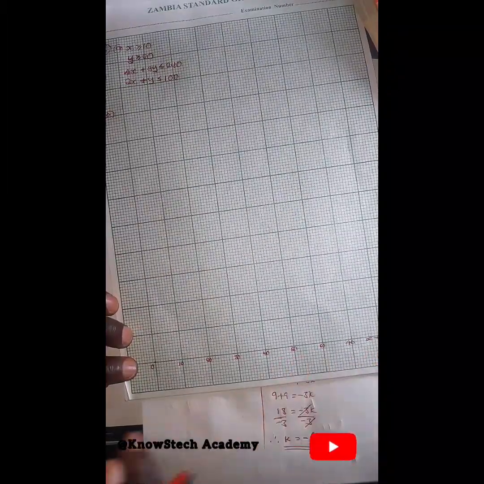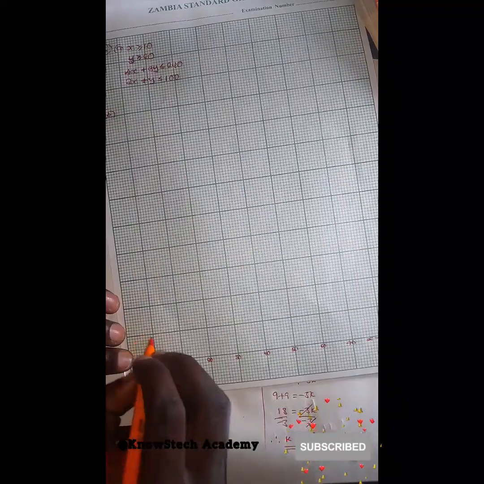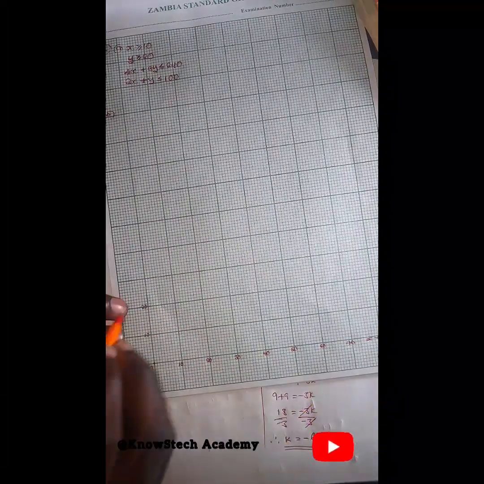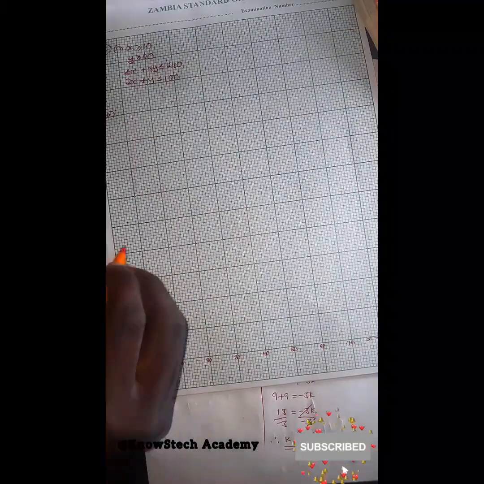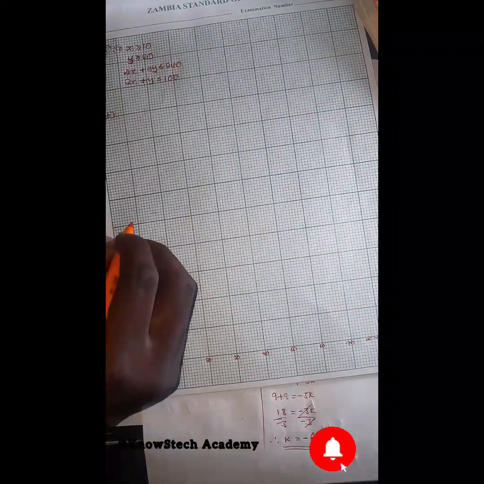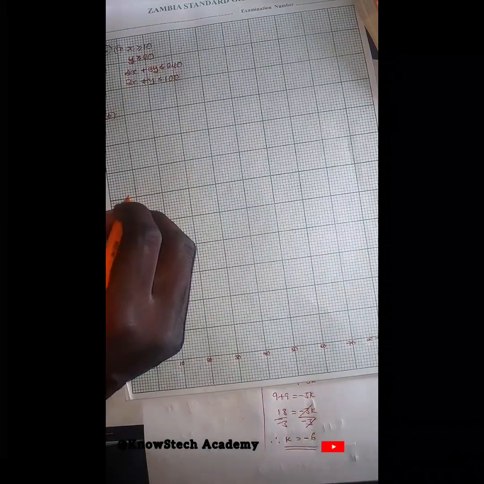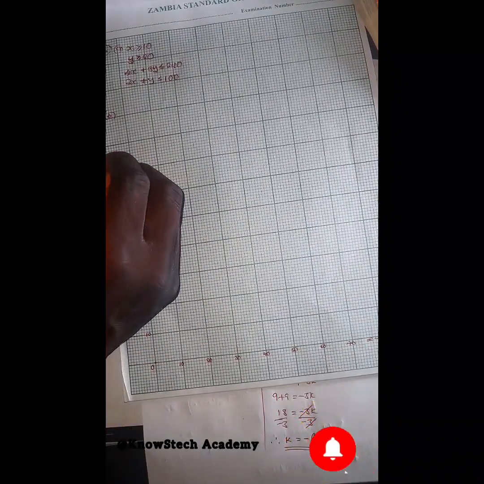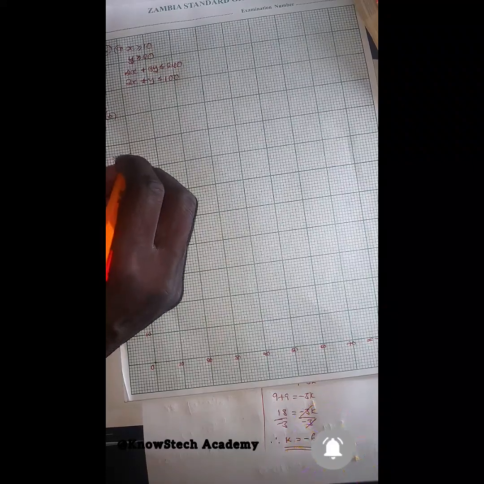All right? The x-axis. Then this is the y-axis, where we have 10, 20, 30, 40, 50, 60, 70. This is the y-axis.